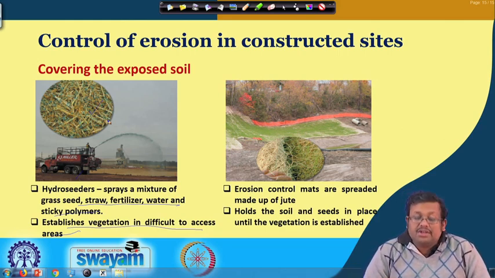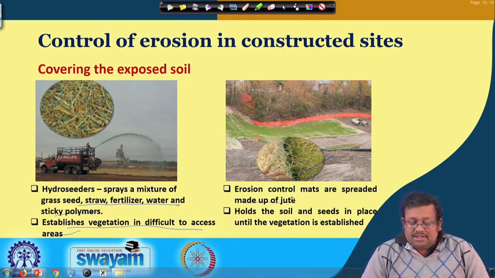Erosion control mats are another way of fighting soil erosion at the constructed site. You can see these erosion control mats which are spread out. These mats are basically made up of jute, and they hold the soil and seed in place until the vegetation is established.